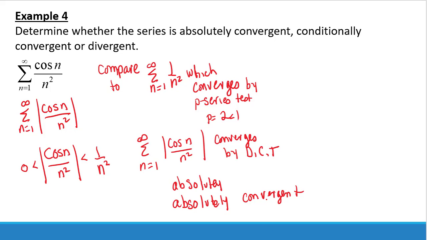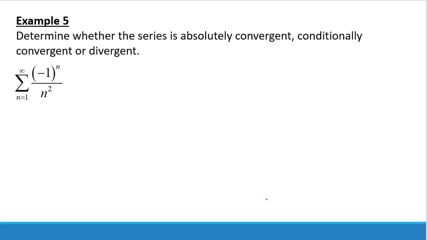Okay, now this one. What I look at, again, is the absolute value of this series, which equals this series, because the n's are always going to be greater than 1, and the absolute value is going to take away any negatives you would have.